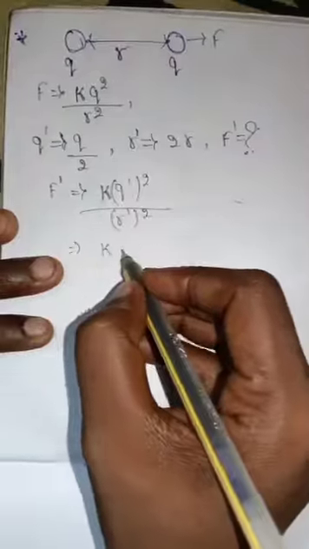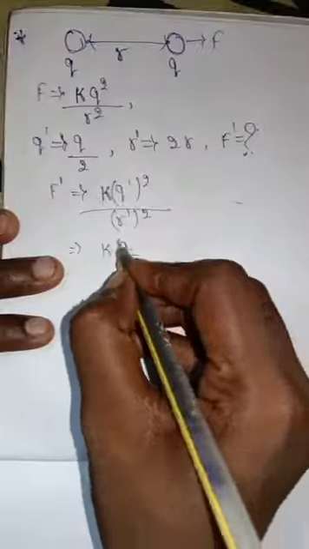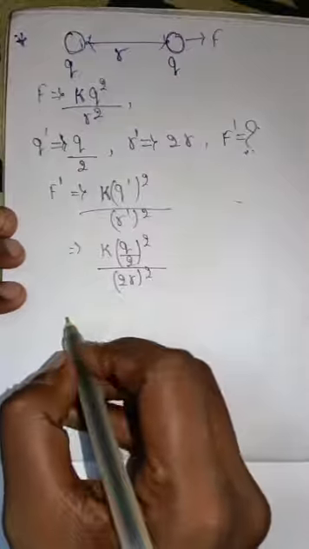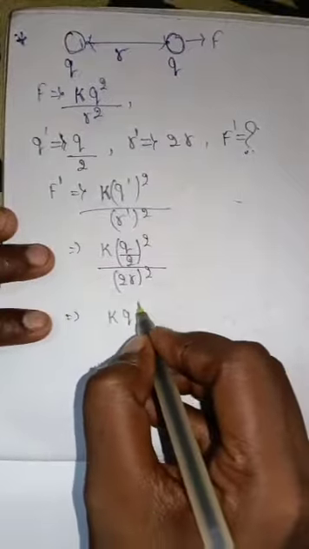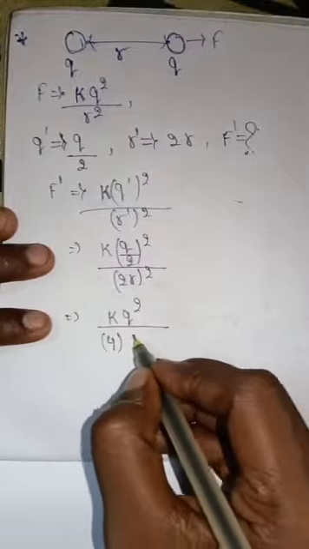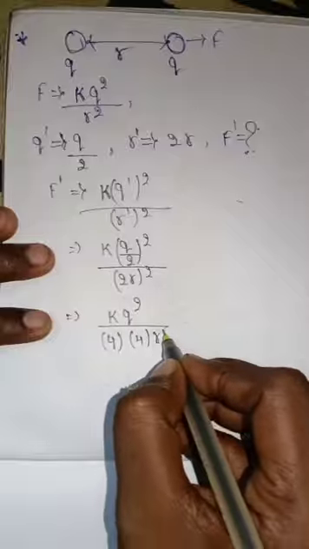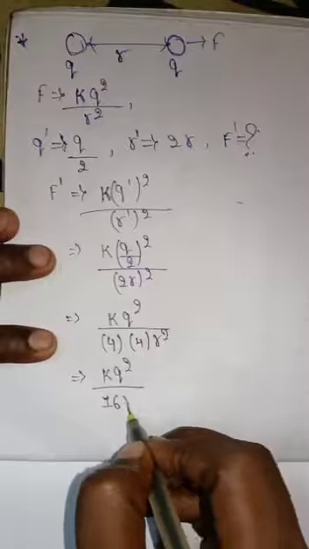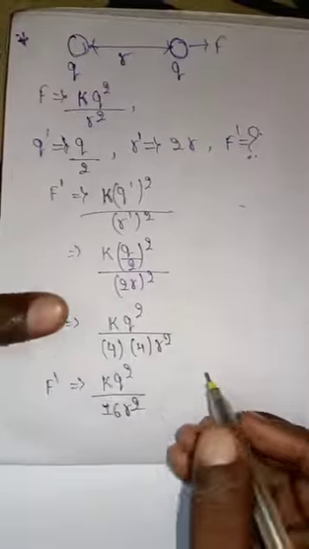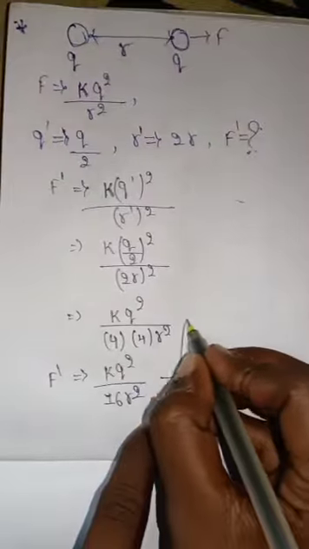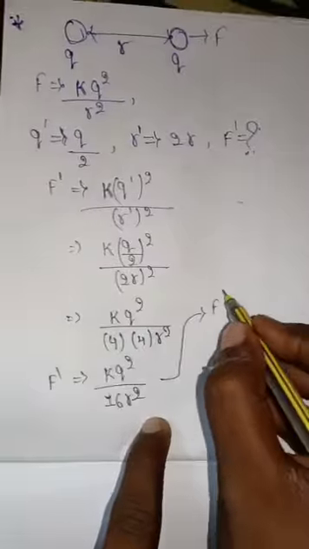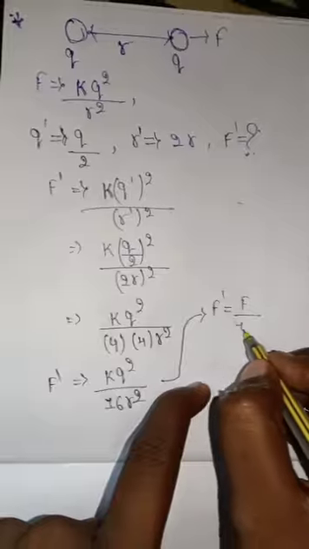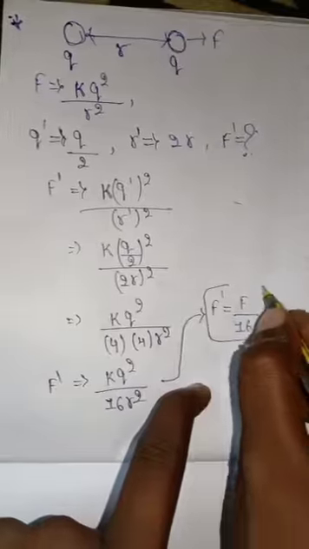So k, new charge will be half of the old charge, and new distance is double the old distance. So kq square by 4 into 4r square. So the answer will be kq square by 16r square. The new force will be kq square by 16r square. In terms of the old force, it will become 1 by 16th of the old force.